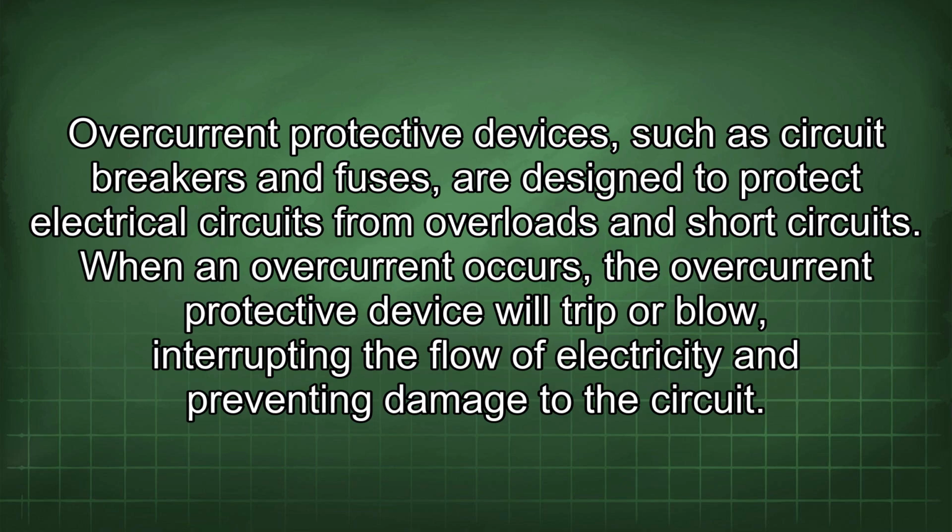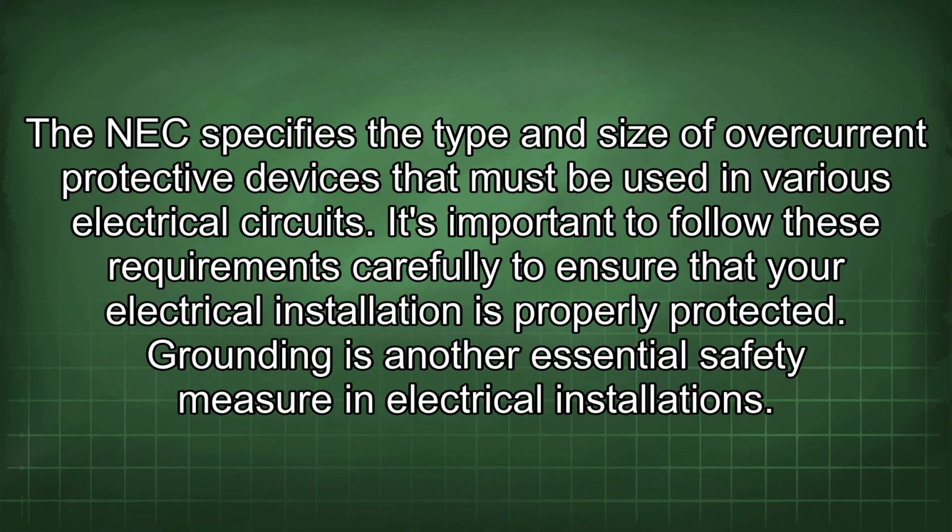When an overcurrent occurs, the overcurrent protective device will trip or blow, interrupting the flow of electricity and preventing damage to the circuit. The NEC specifies the type and size of overcurrent protective devices that must be used in various electrical circuits. It's important to follow these requirements carefully to ensure that your electrical installation is properly protected.